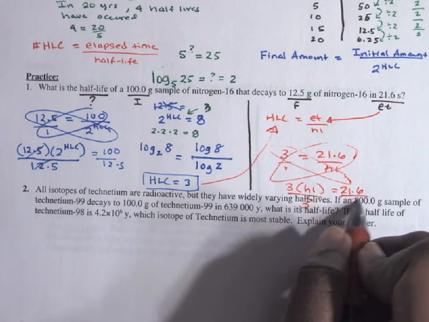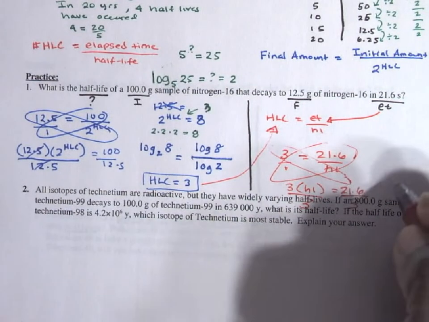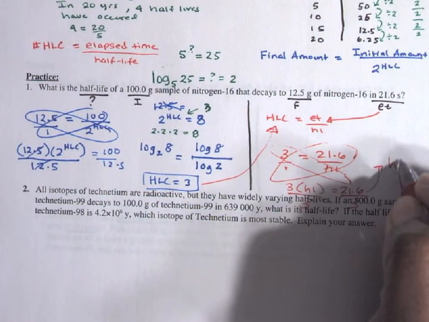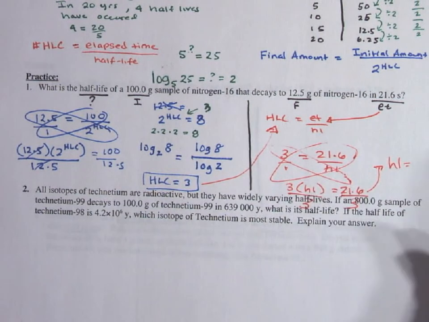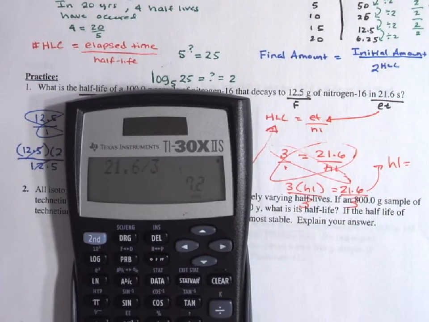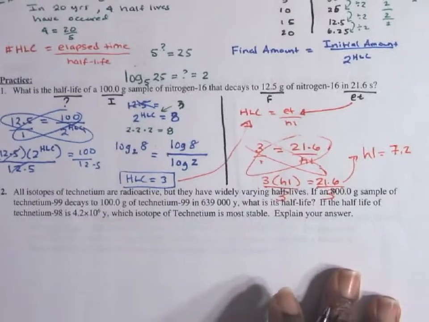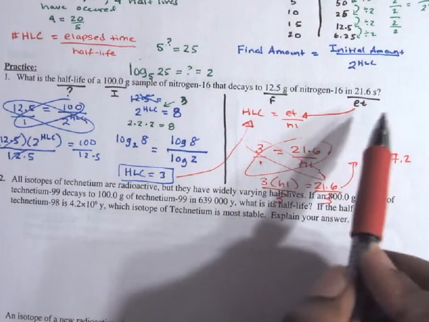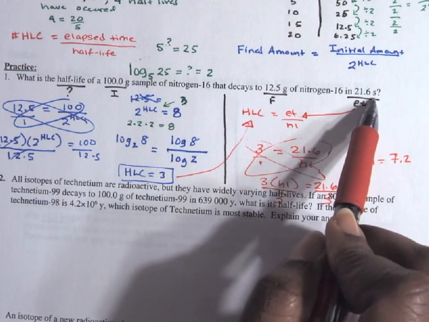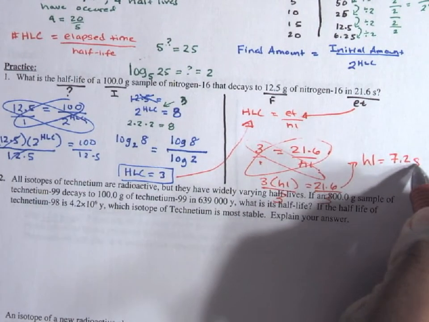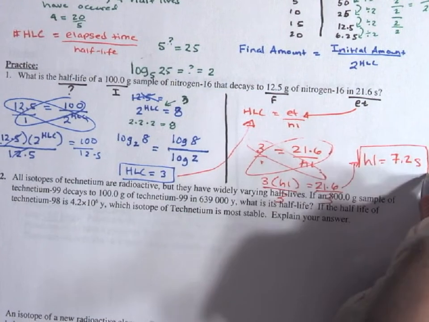Okay, and then this gives me the half-life to be 21.6 divided by 3. It gives me a value of 7.2. And now I need to know the units for this. The units will come from whatever units I use for time; my elapsed time is in seconds. So the half-life is 7.2 seconds.